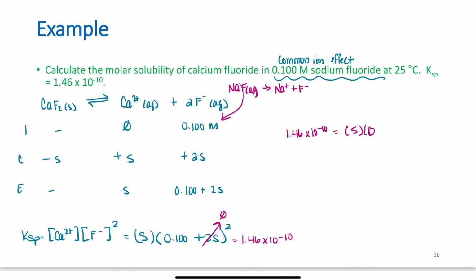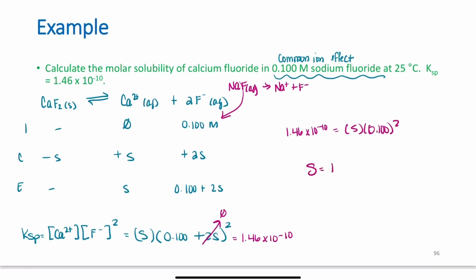S times 0.100 squared. Solve for S. You get 1.46 times 10 to the minus 8th molar. The molar solubility of calcium fluoride in a solution already containing fluoride ions, the common ion effect, is decreased, and we see it to be 1.46 times 10 to the minus 8th.